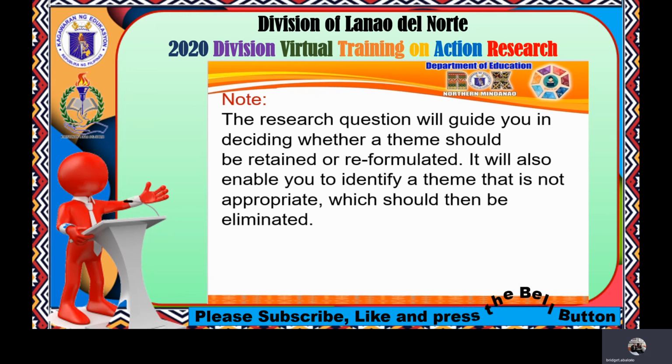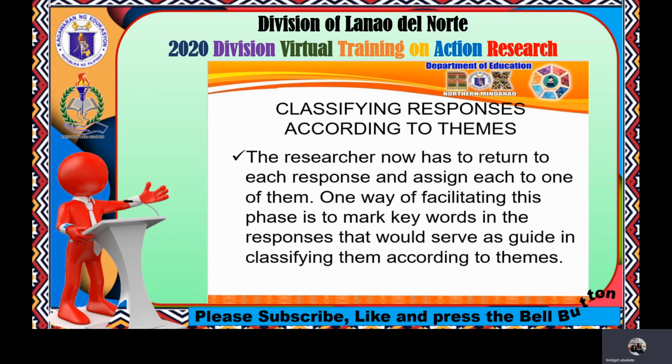That is why, as I said a while ago, reading and rereading is very important, because sometimes we forget some important words, not knowing those words are a theme or a category.